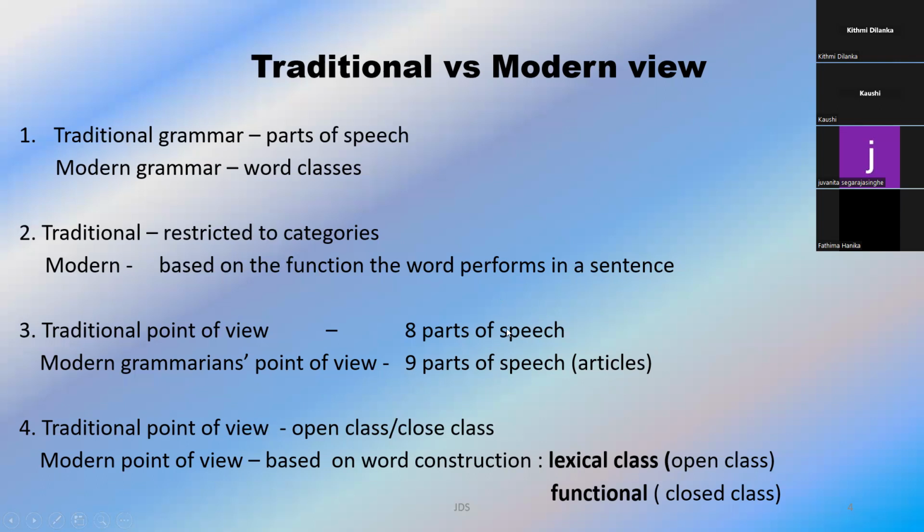It was part of the adjectives. Modern grammarians opted to separate it from adjectives and form a separate category. That is how, from the modern point of view, you have 9 parts of speech. Both definite and indefinite articles are identified as a separate category.